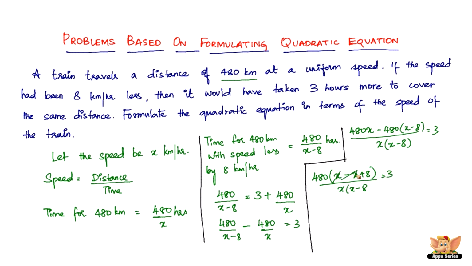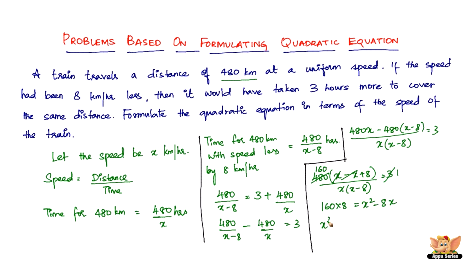So here x and x get cancelled. All that we've got is 480 times 8. 3 goes 160 times in 480, right? So all that we've got left is 1. So we've got 160 times 8 equals x times x, which is x square, and x into minus 8 is minus 8x.